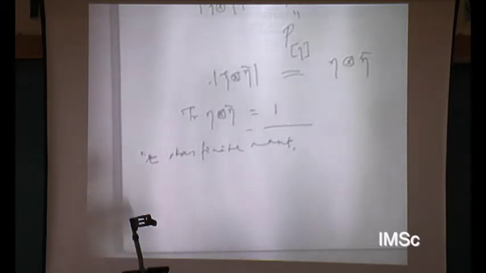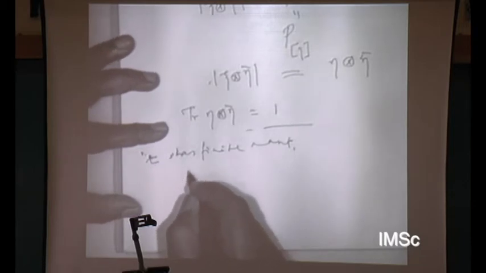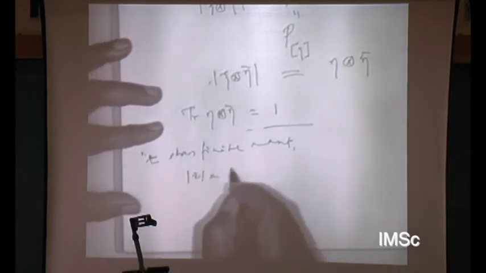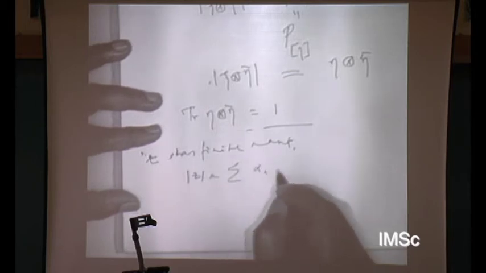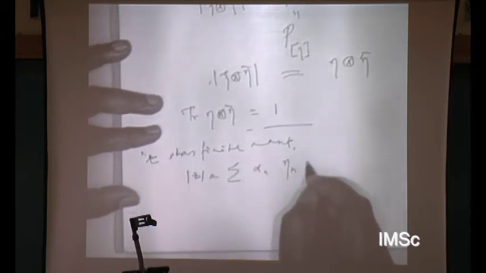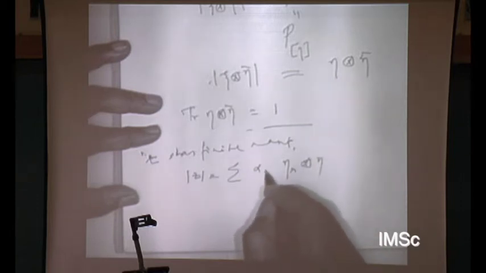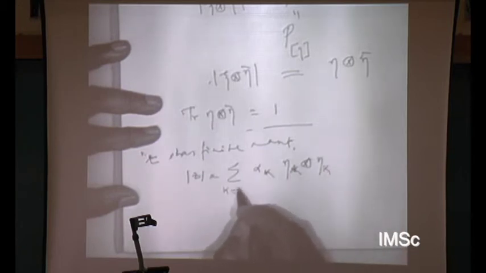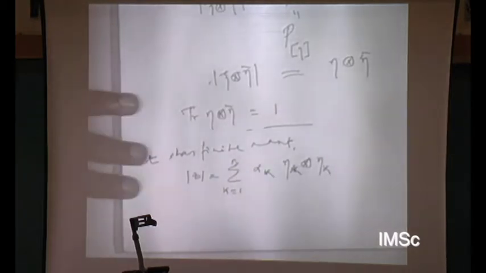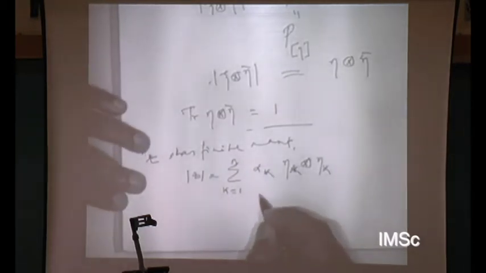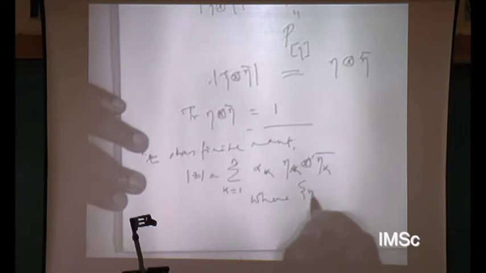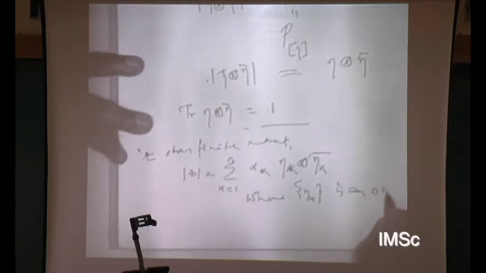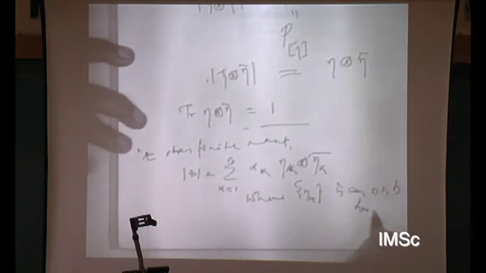So that means mod Z will look like the summation of alpha k eta k tensor eta k bar, k equals 1 to n, supposing it has n-dimensional range, where eta k is an orthonormal basis for the range of mod Z.